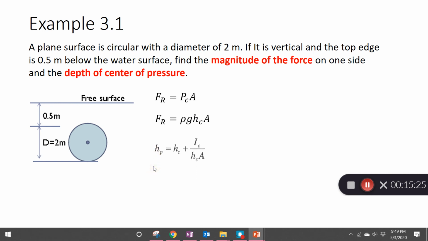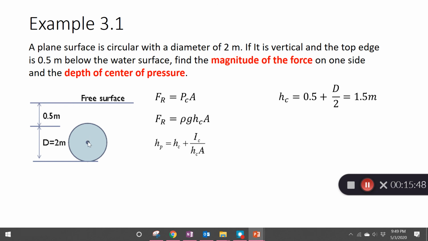So the height, the HP can be calculated from this equation, and the HC, let's solve for this. HC is from the top to the center. Okay, so the common mistake here is that you only take the top of the plane until the center, which is going to be wrong.